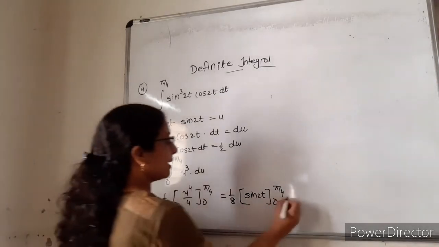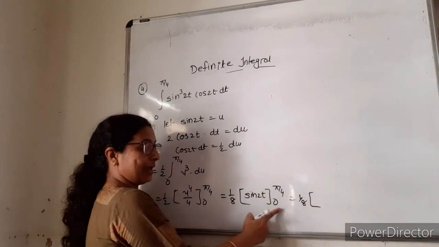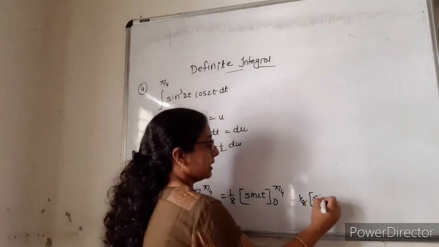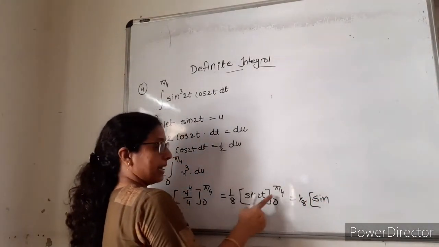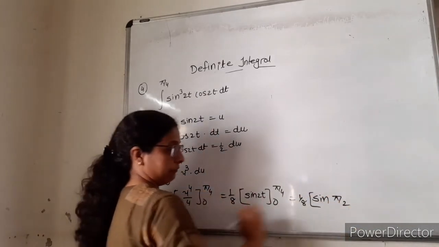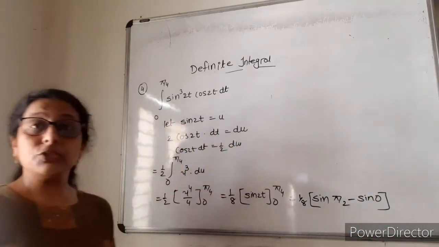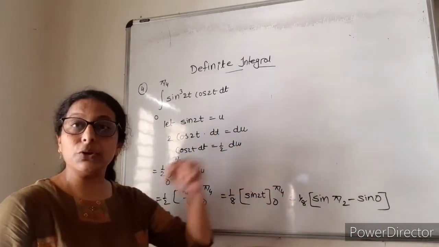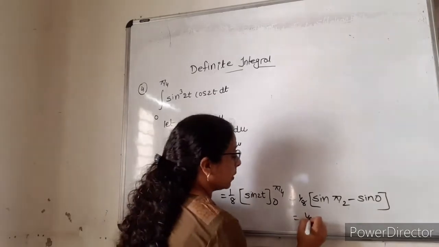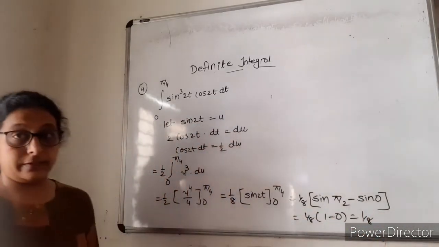So we apply f of b minus f of a: sin pi by 2, to the 4, minus sin 0. Sin pi by 2 is 1, sin 0 is 0. So 1 minus 0, 1 by 8 is the answer.